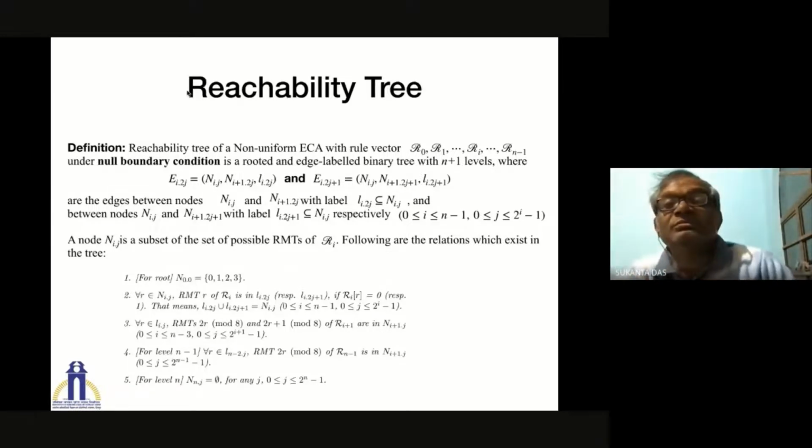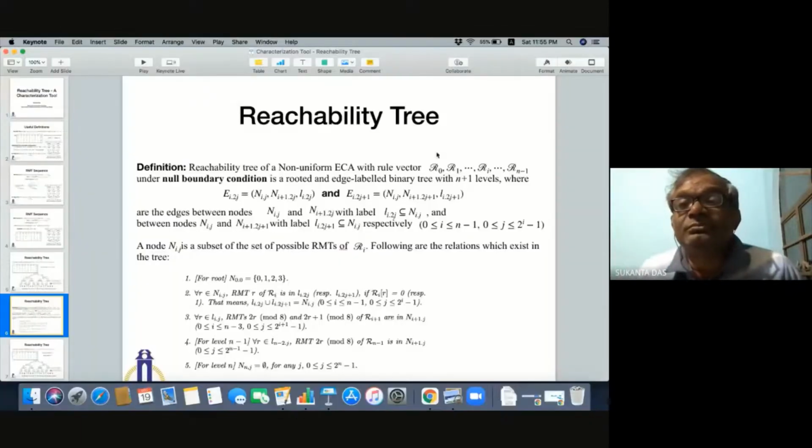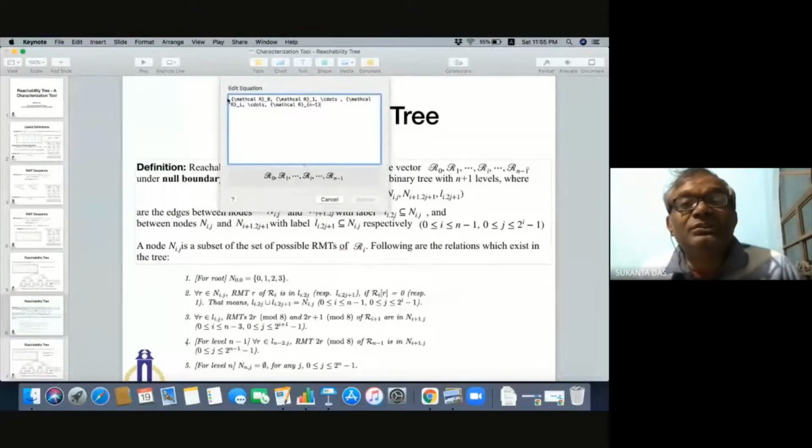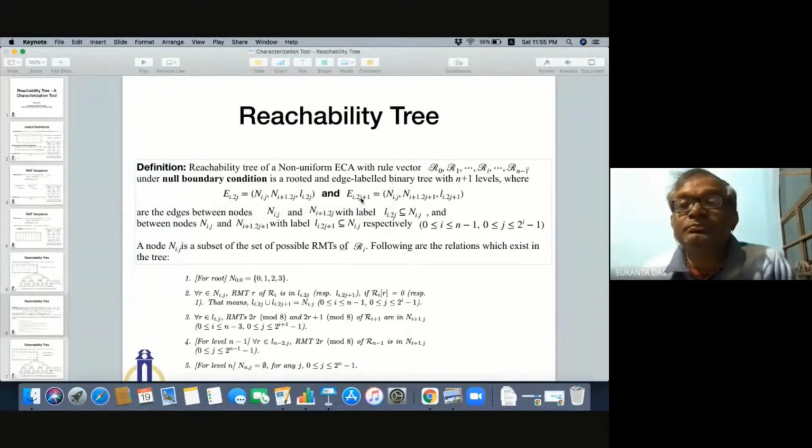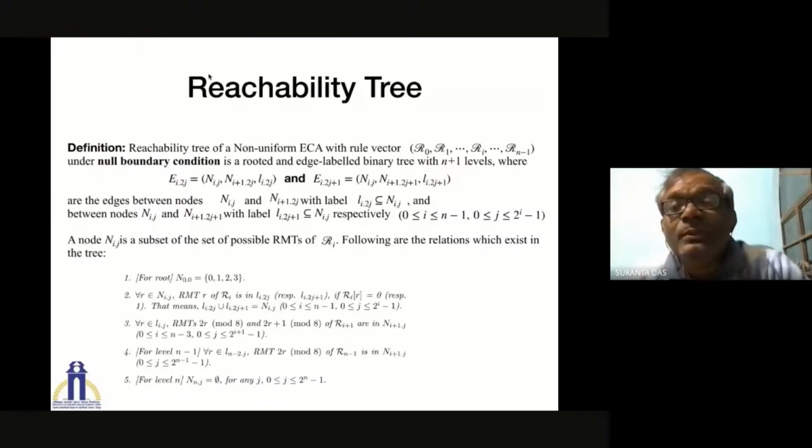It should start with a sequence actually. Okay, let me correct it. So this is a rule vector, a null boundary condition.